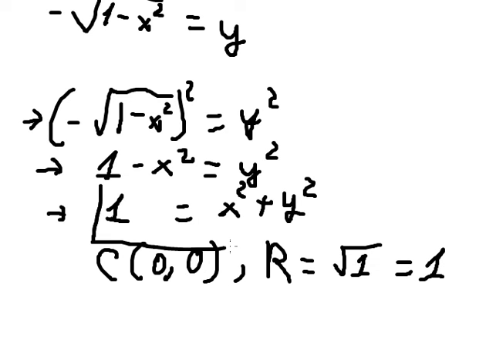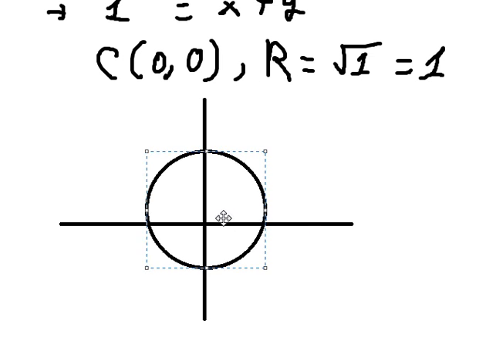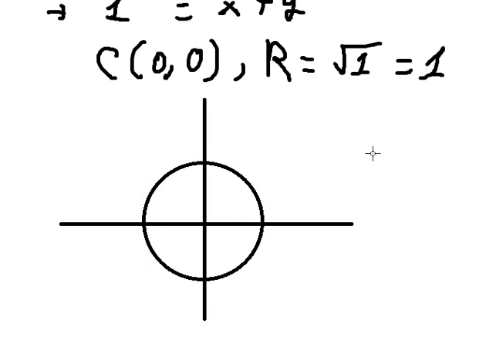Now we need to write this one. So we have the circle here, and we have 1, negative 1, negative 1.